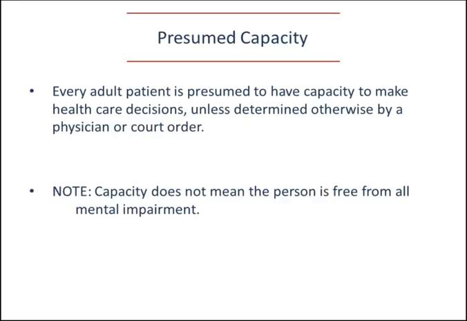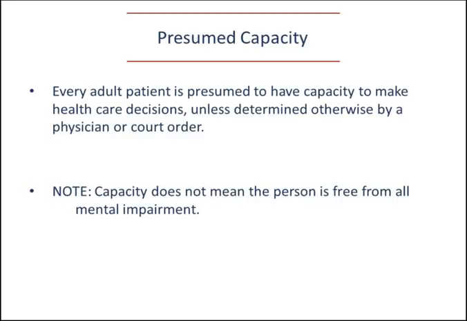Now, note that capacity does not mean that the person is free from all mental impairment. I know that many of the people on this webinar are social workers in a psychiatric unit. And we know from those patients, we have lots of patients who do not have any capacity with respect to making decisions about their mental illness, and they may deny that they have a mental illness, but they know that they have certain other chronic medical conditions, and they're absolutely willing to comply with treatment for those conditions.